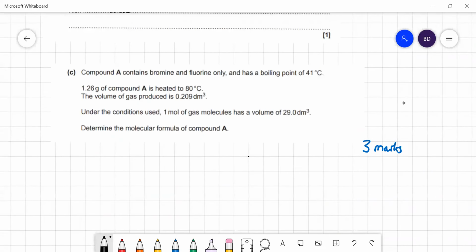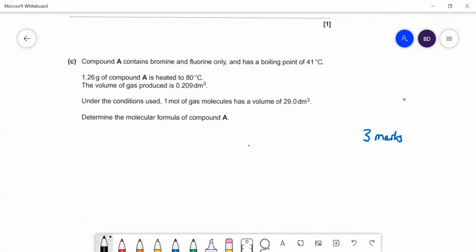Here we've got a compound containing bromine and fluorine only, and it's got a boiling point of 41 degrees C. So how are we going to do this? We've got 1.6 grams of the compound heated to 80 degrees C, so it will boil and make a gas, and it gives you the volume of the gas.